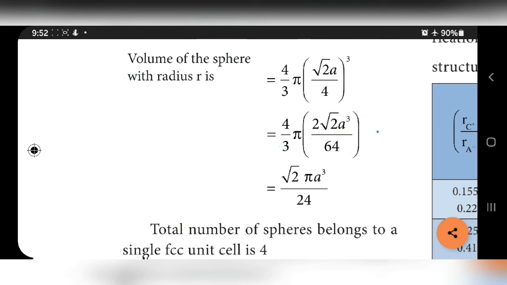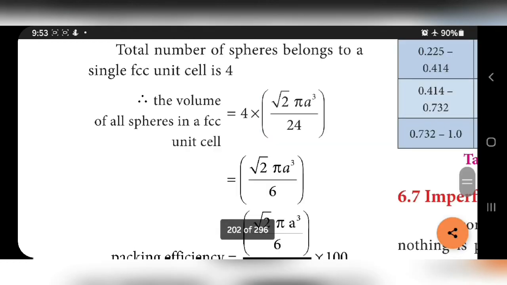If you simplify this equation, 16 4s are 64, 8 2s are 16, 3 into 8 is 24. So root 2 a cube into pi divided by 24. This is the volume of one sphere.